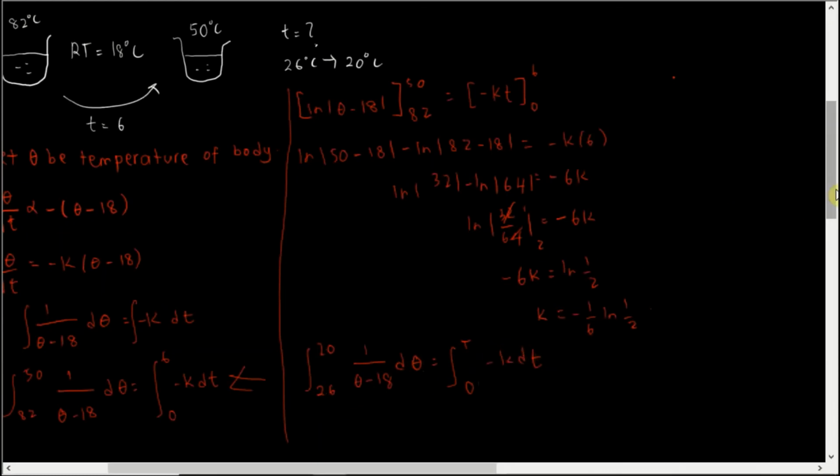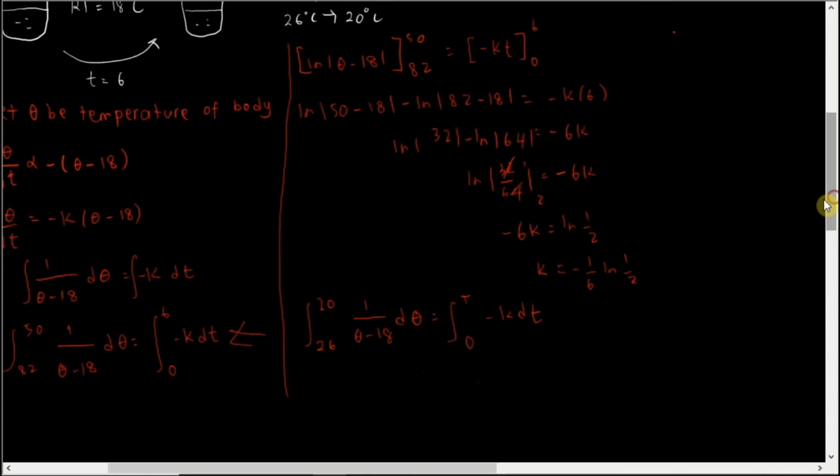And since we know that our k is negative 1 over 6 ln 1 over 2, I can solve the right side. It should be 1 over 6 ln 1 over 2 t, from 0 until t.